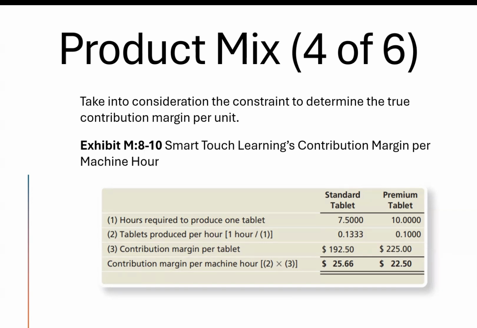So Smart Touch Learning will earn more profit by producing standard tablets. Why? Because even though standard tablets have a lower contribution margin per unit, Smart Touch Learning can make more standard tablets than premium tablets in the 19,500 available machine hours. That's why.